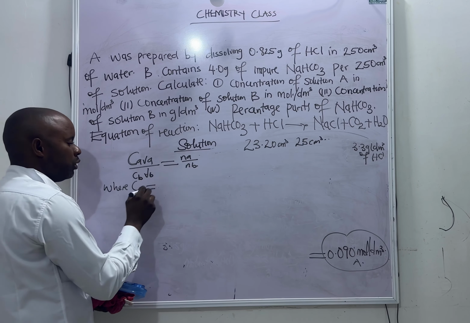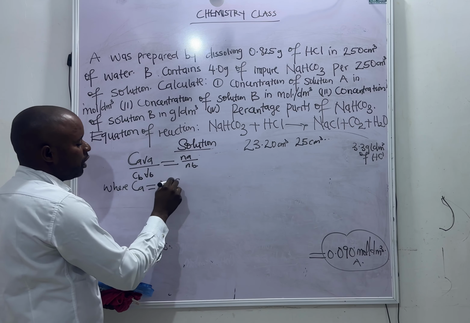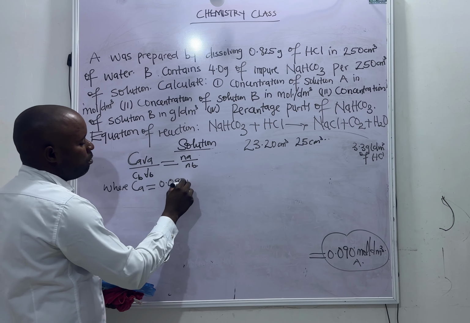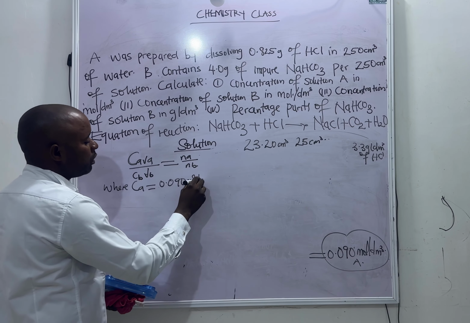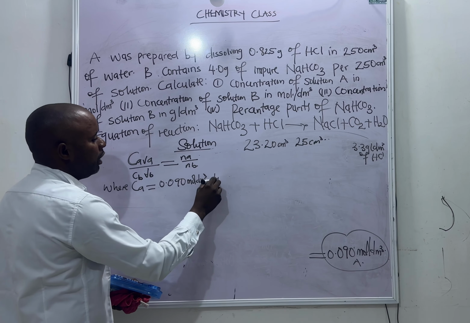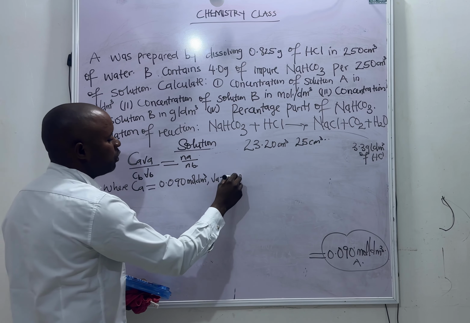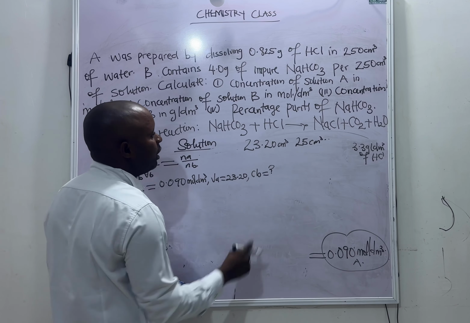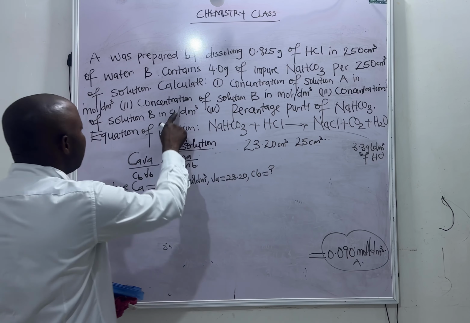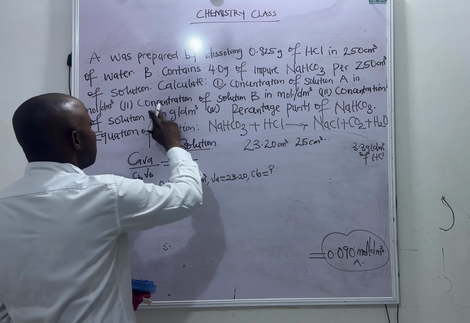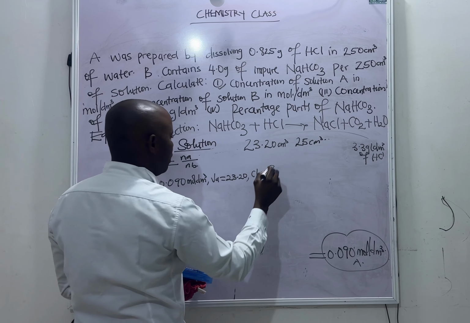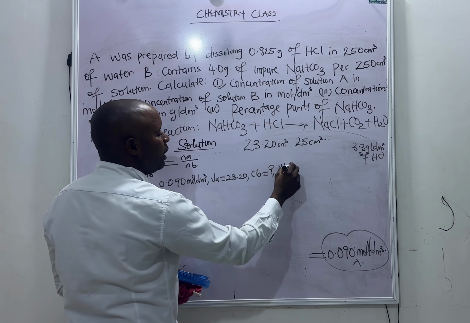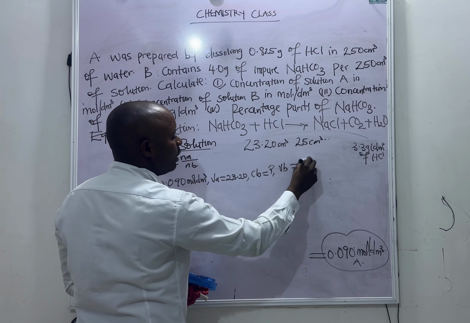That is to say, CA is equal to 0.090 mole per dm cube, VA is equals to 23.20. CB, we are looking for CB, which is the concentration of B. VB is the pipette, as I've said.